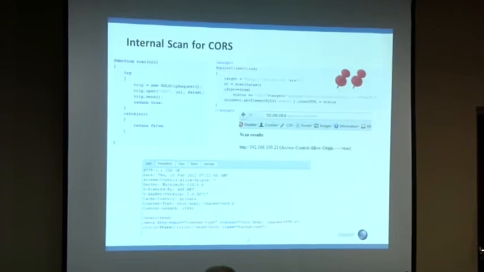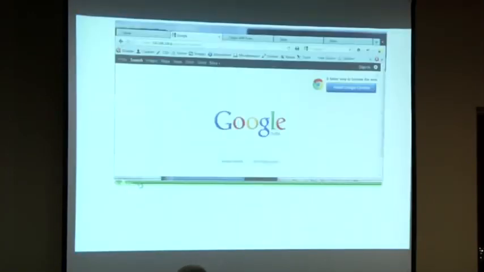So if your cross-origin policy is not set right, then you have an exposure where a web page can start crawling your internal networks. So for example, here is a simple one, 100.6. You visit a page, and that page will start doing a simple port scan here.